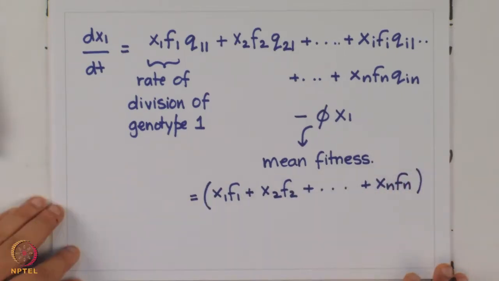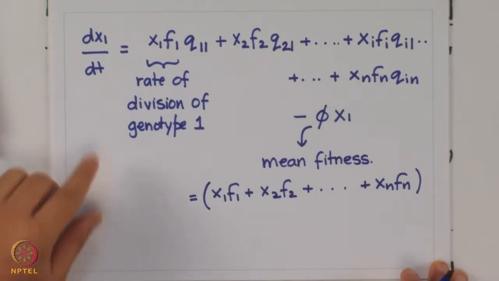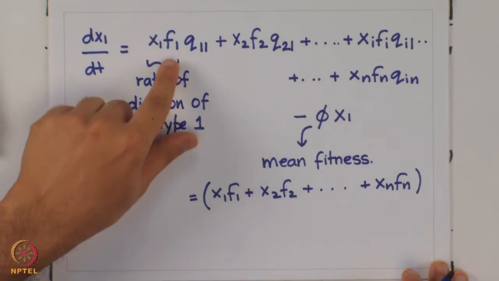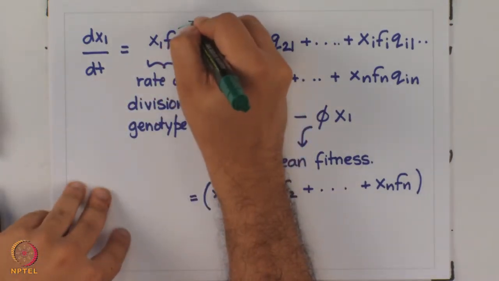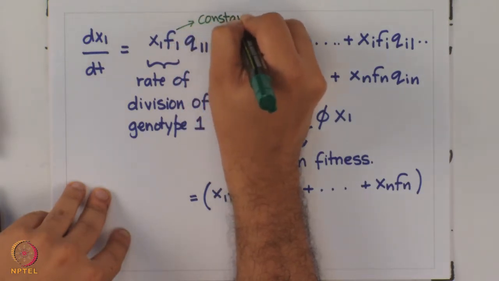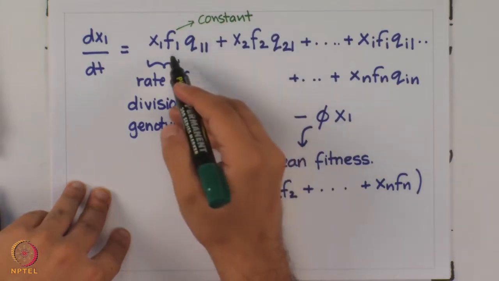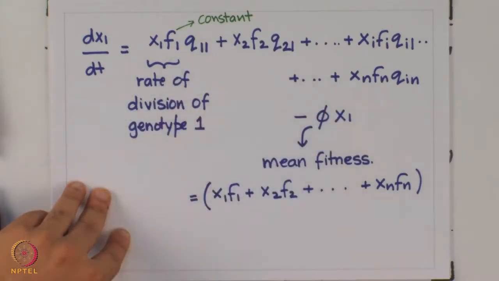The first thing that you should note here is that this equation is a nonlinear equation. My variables, the f's are fixed. So, let me just write that down. All the fi's are constant, because for every particular genotype the fitness rate or the growth rate is fixed, it does not change with time.